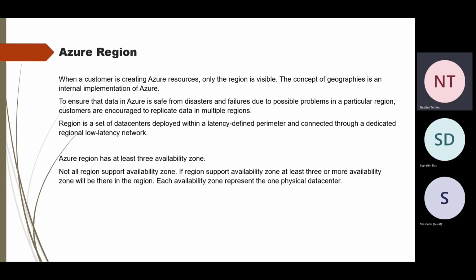A region is a set of data centers, deployed within a latency-defined perimeter and connected through a dedicated regional low-latency network. So basically, a region is a set of data centers connected to each other with low network latency.